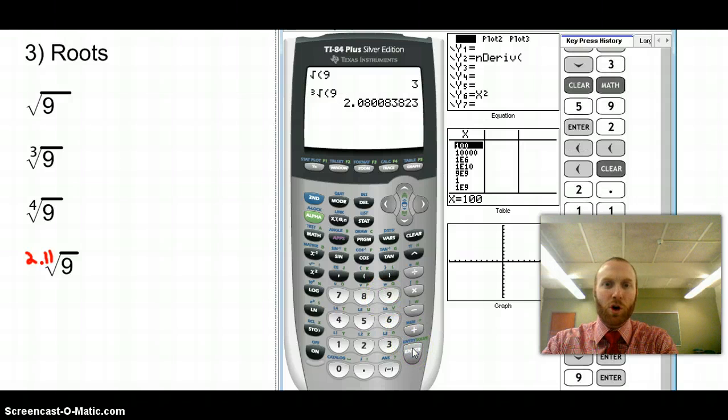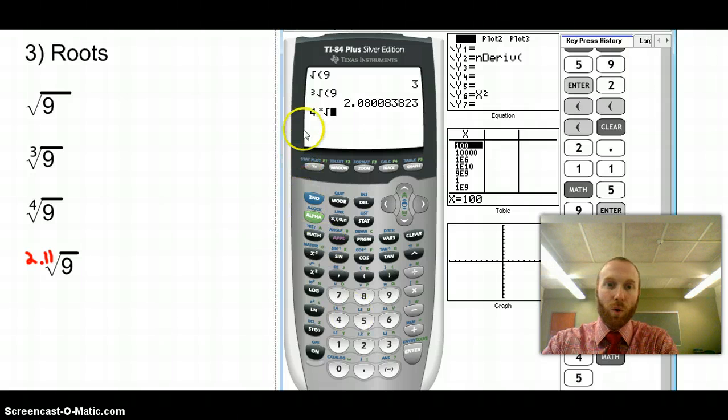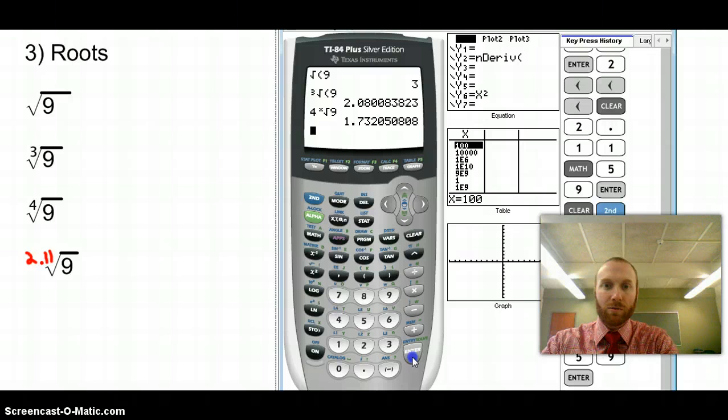If I want to put in numbers different than a square or cube root, first I put that number in, like some of you are going to do. Then I go to math, and you see here it looks just like that button, the x root of y. So I say 5 there. So the fourth root of what number? Of 9 here. So I'm looking at that, 1.732.